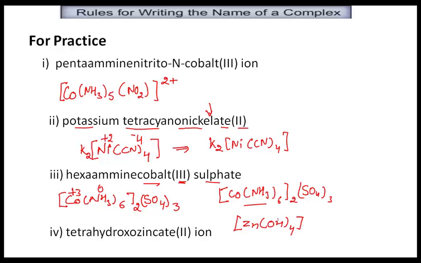Then what should be the charge on this? The central atom's charge, +2, is given. OH is single negative, so into 4 times, it comes out to be 4 negative, which gives 2 negative overall. So it's an anionic complex. The final formula can be written as [Zn(OH)4]2-. Okay, the rest you can practice. Thank you.